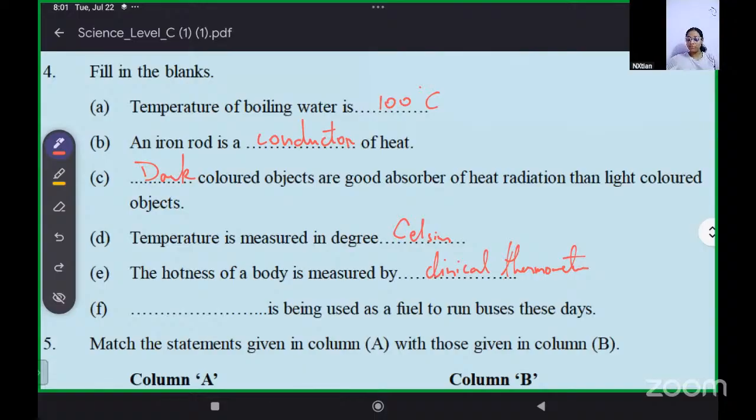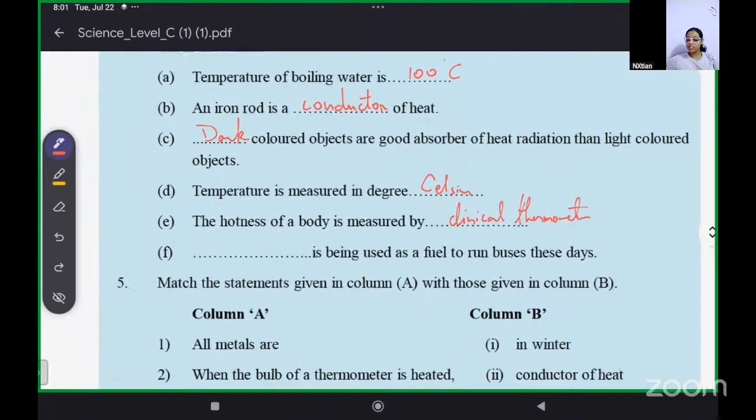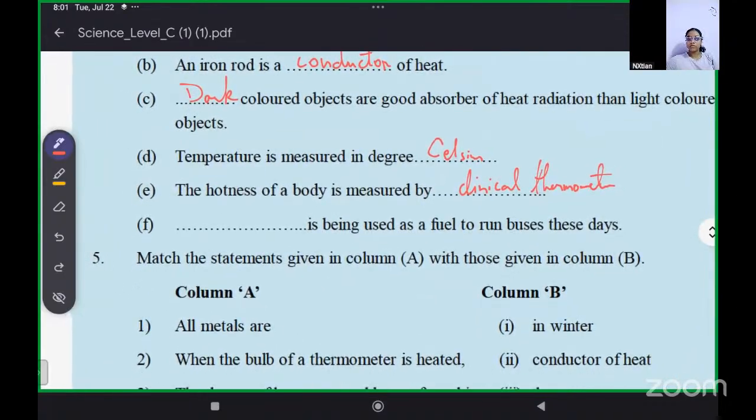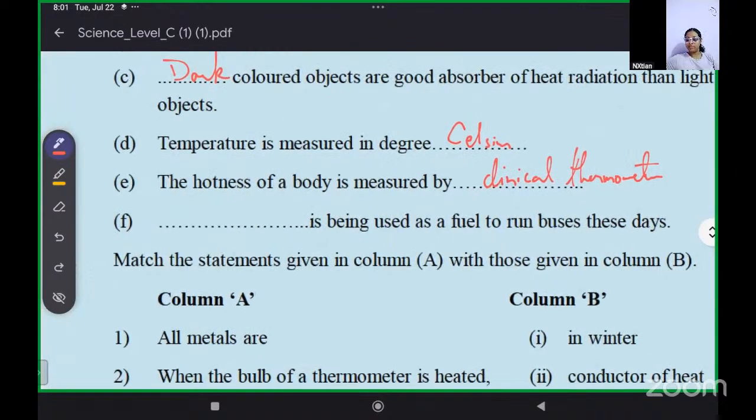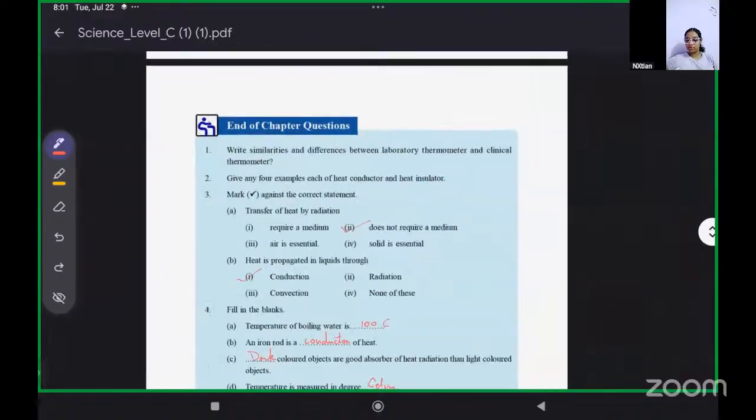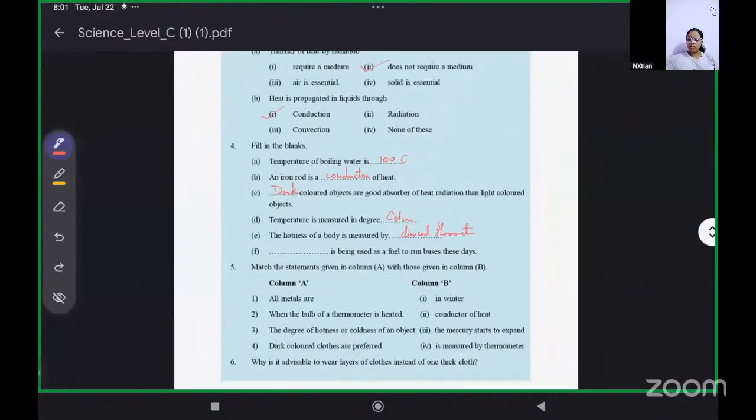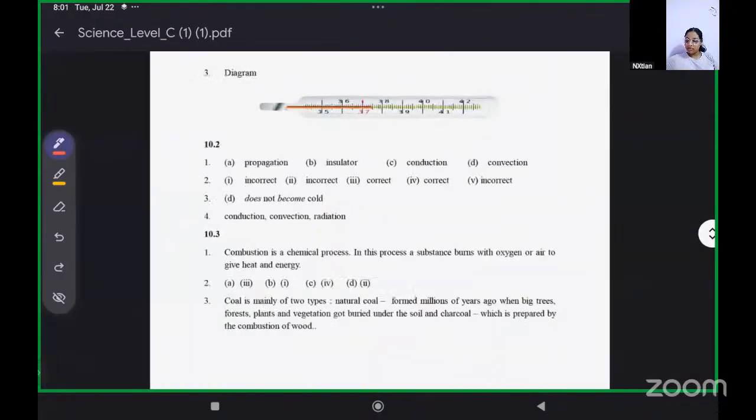That is true. Ma'am, but for electric, we do not need petrol or diesel. We just have to charge it. Charge the battery. Ma'am, cars also run on diesel. Like the car that my father has, it runs on diesel.